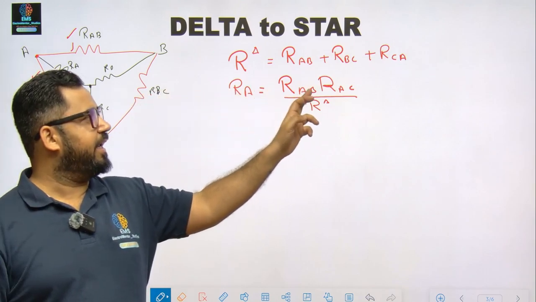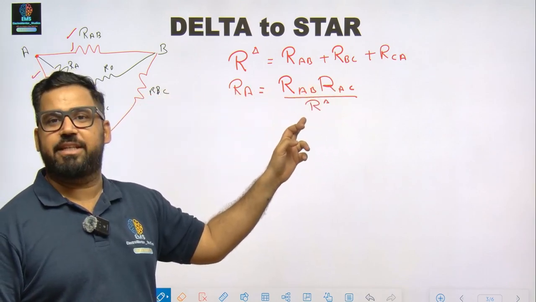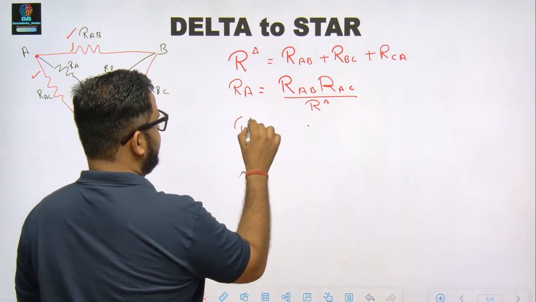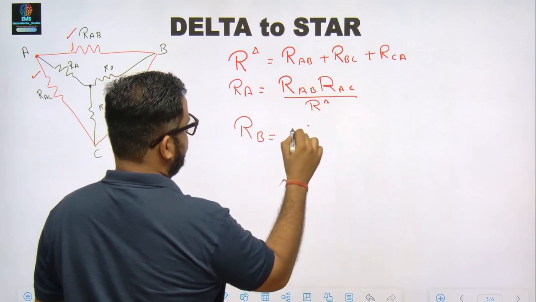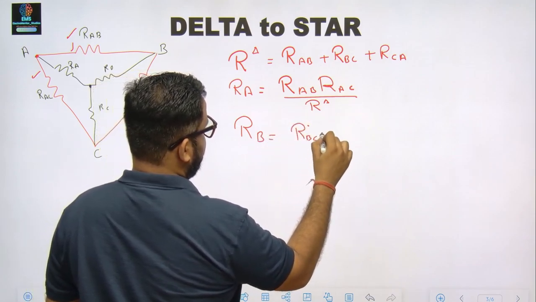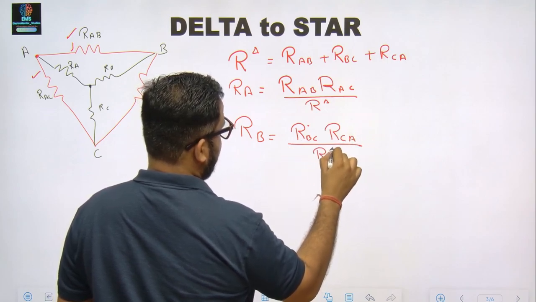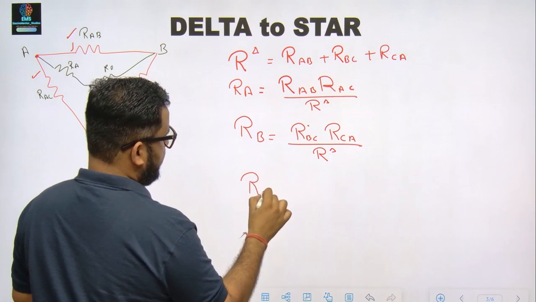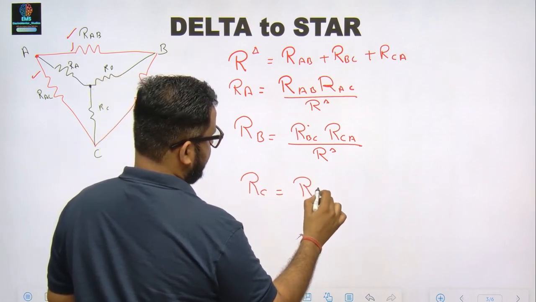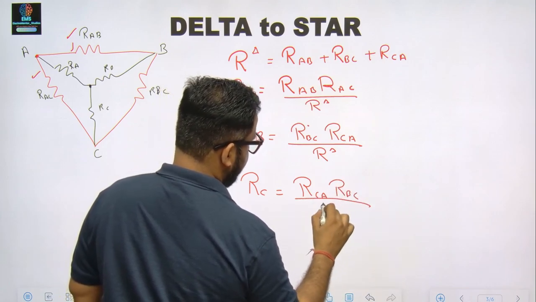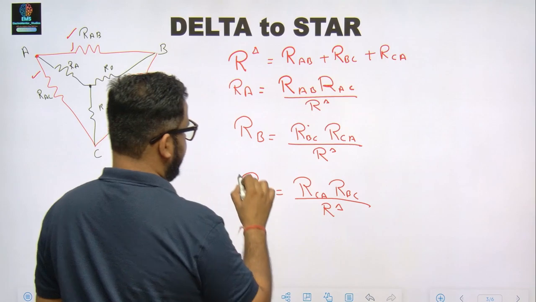Similarly, RB would be RBC multiplied by RAB divided by R delta, and RC would be RCA multiplied by RBC divided by R delta.